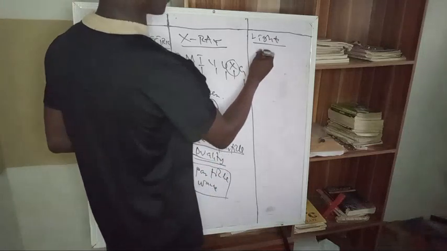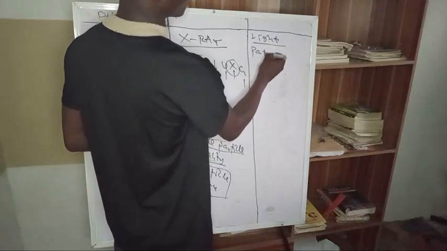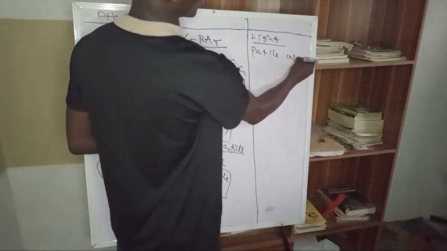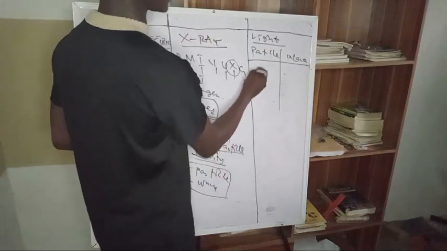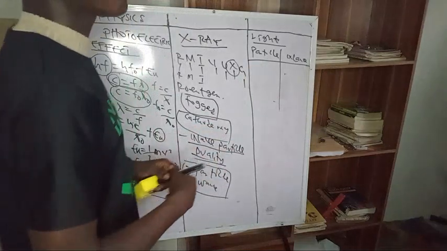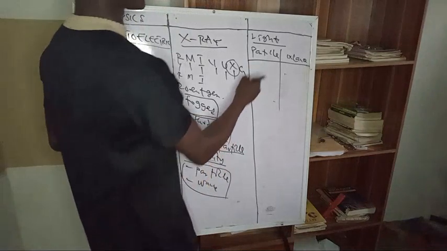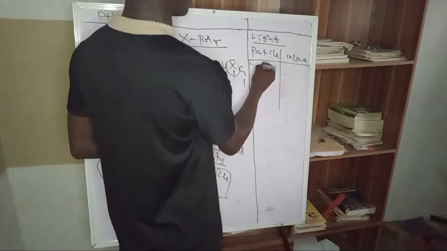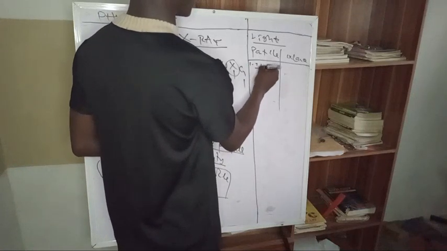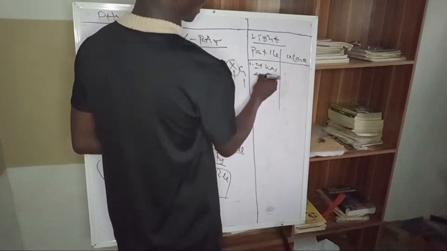Now, what is the difference between light as a particle and light as a wave? You must know that any substance that possesses energy and momentum is called a particle. So for us to know that light is a particle, light has energy and momentum.